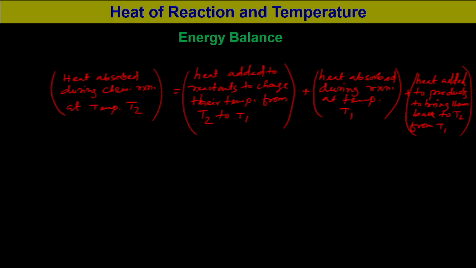So, this is the energy balance equation, and in terms of the enthalpies of the reactants and products, we can write this as delta H R2 would be equal to minus (H2 minus H1) reactants plus delta H R1 plus (H2 minus H1) products.